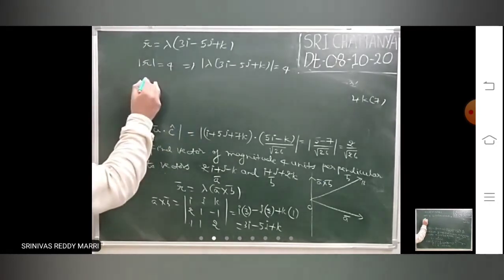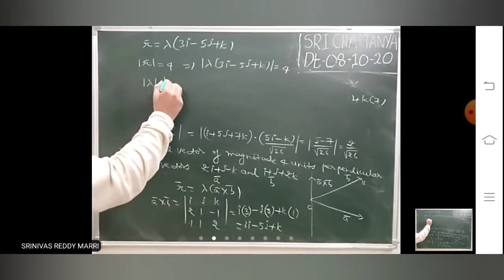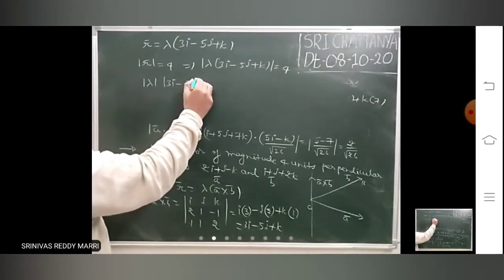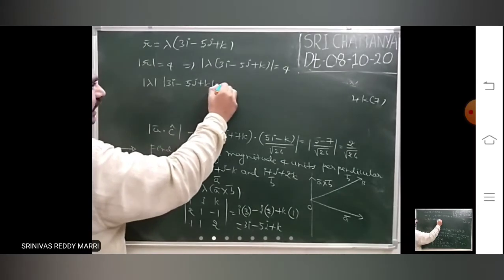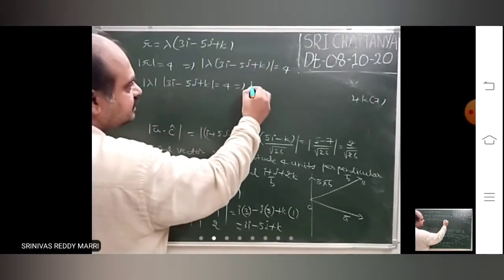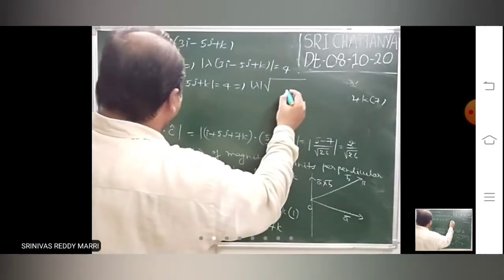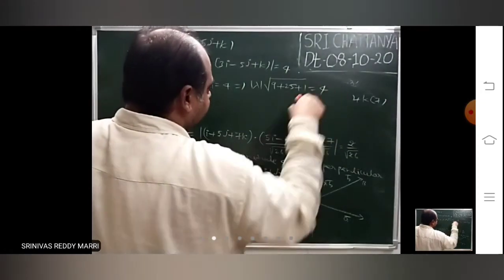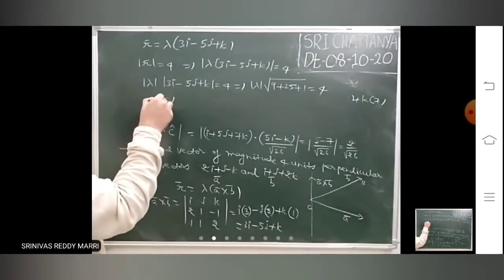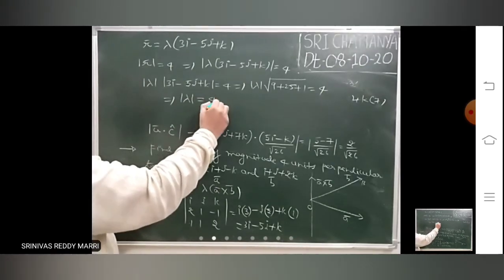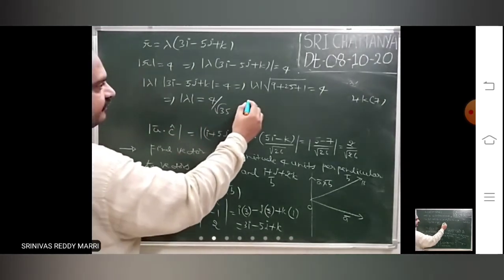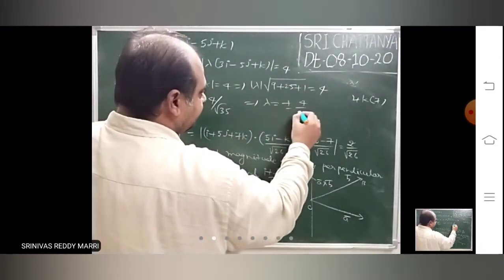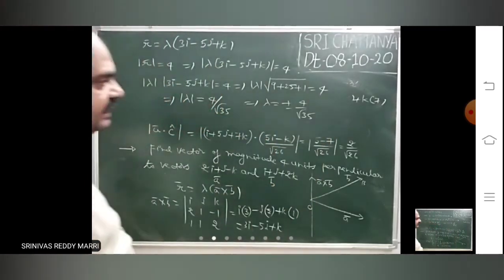This is constant, so you can write outside modulus: modulus lambda into modulus of 3i minus 5j plus k equal to 4. That means modulus lambda into root of 9 plus 25 plus 1, which is root of 35, equal to 4. That means modulus lambda is 4 divided by root 35, so lambda is plus or minus 4 divided by root 35.